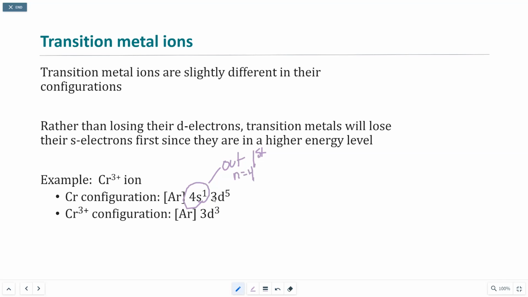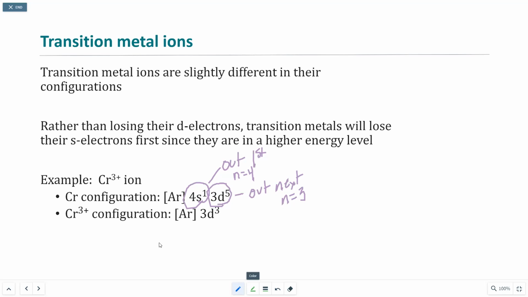That electron is in the 4th energy level. The 3d electrons are in the 3rd energy level, so we're going to take them next after we take out that first one.